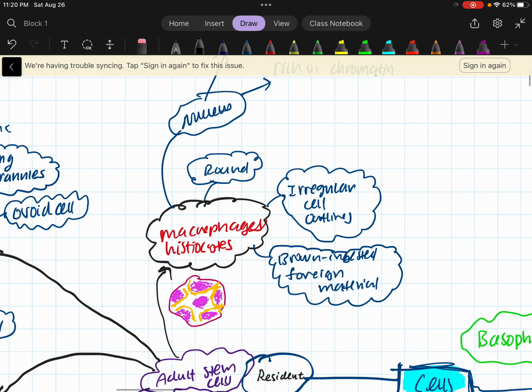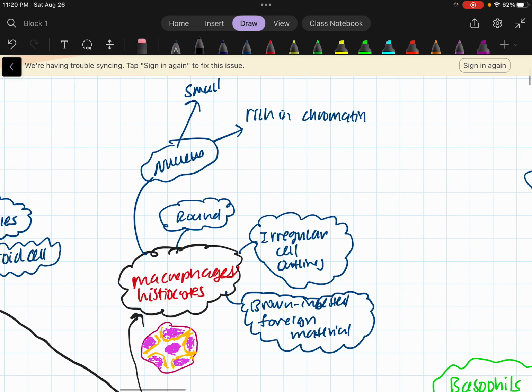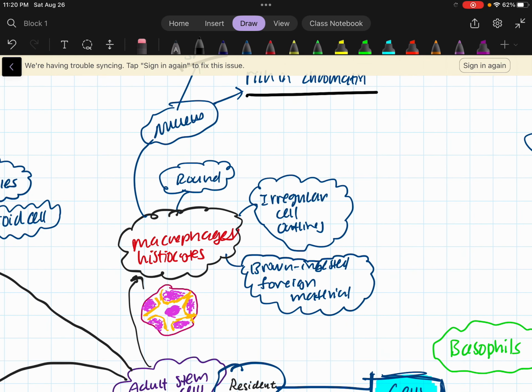So these macrophages, or histiocytes, perform phagocytosis. It has a small nucleus, it's rich in chromatin, it's round, it has an irregular cell outline, and it has these brown ingested foreign materials. And why does it have brown ingested foreign material? Because it phagocytoses these foreign materials.